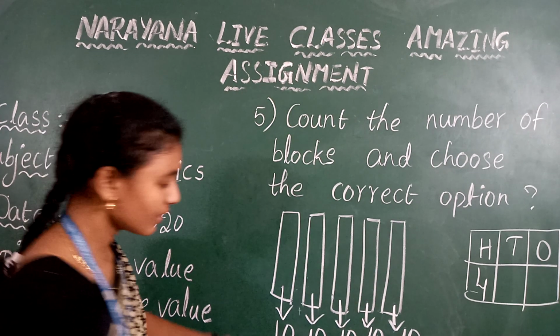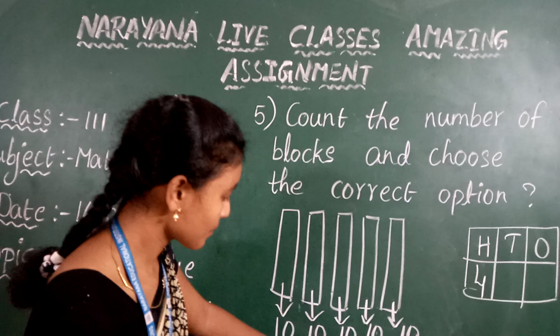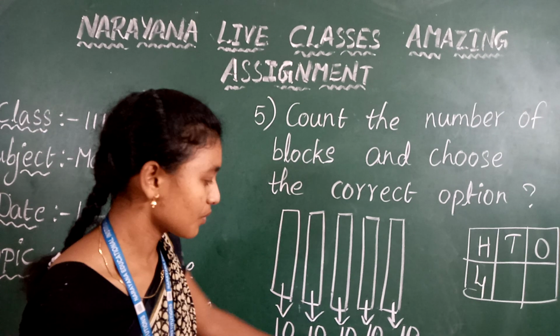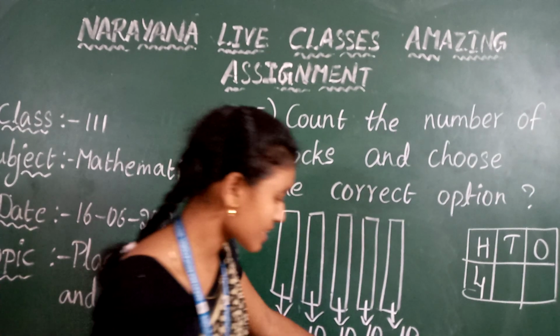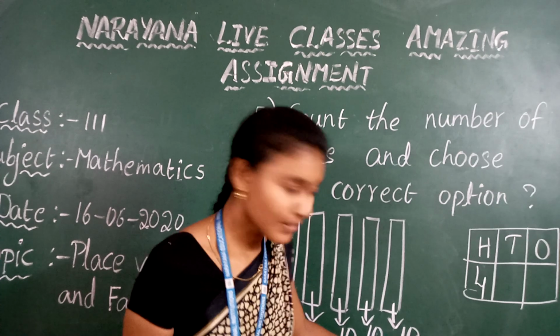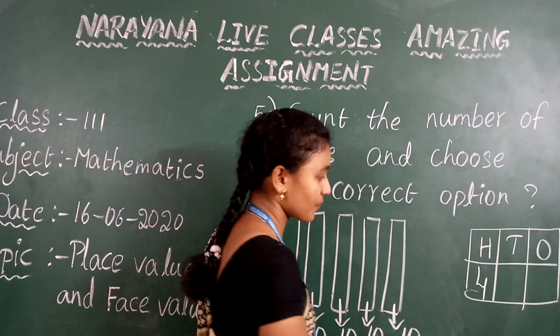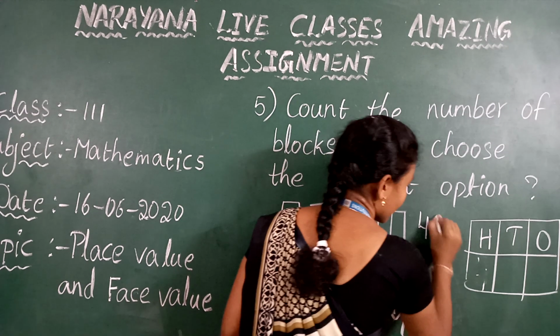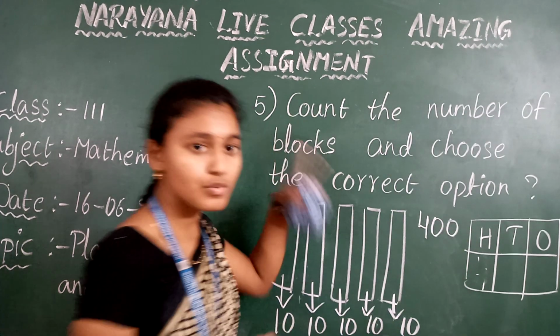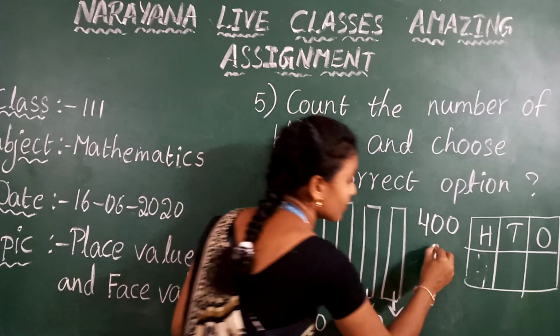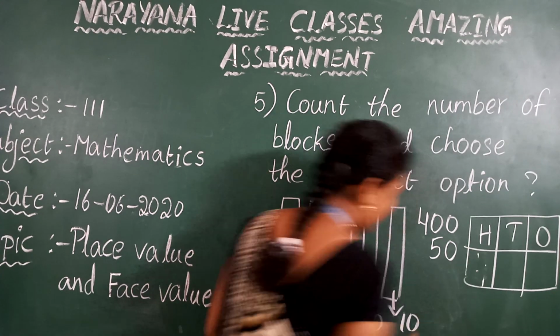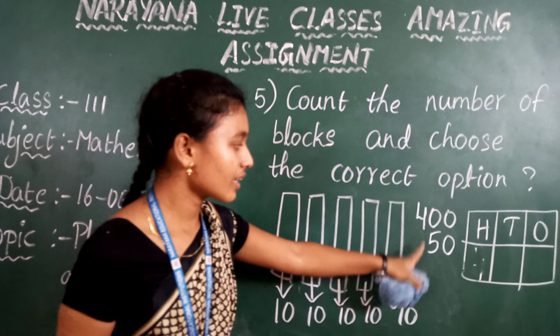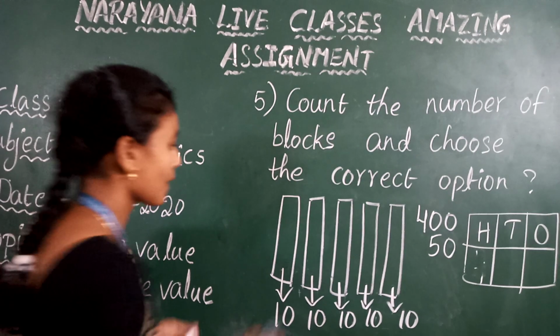So total 10 plus 10, 20, 20 plus 10, 30, 30 plus 10, 40, 40 plus 10, 50. So total 50, right? Okay. First we got 400 and after that we got 50, right? 400 and 50.